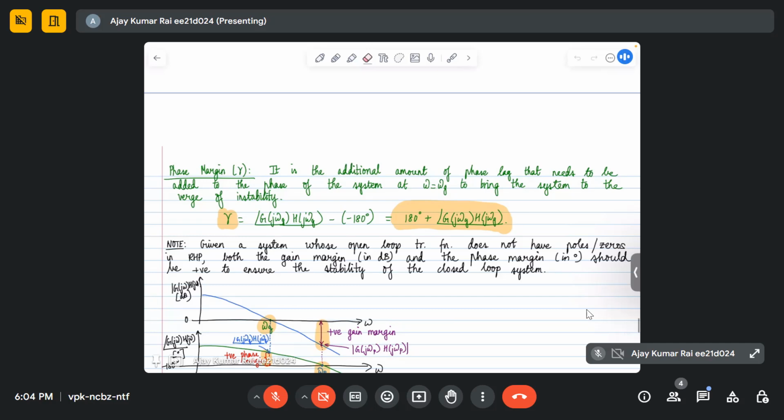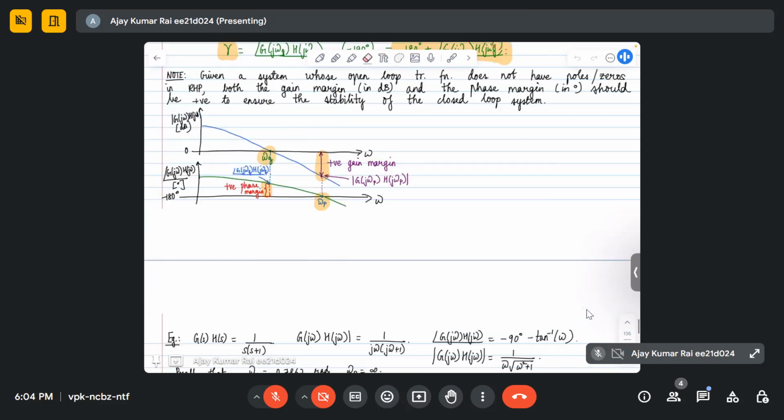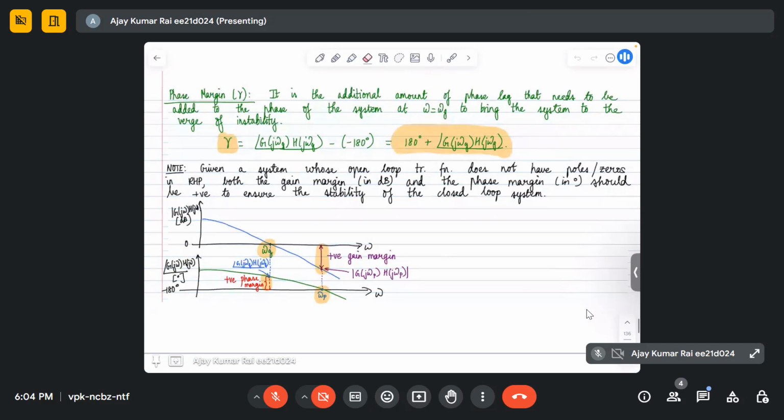And what we have seen is that for a stable system, gain margin should be positive. Given a system whose open loop transfer function does not have a pole or zero in the RHP, both the gain margin and the phase margin should be positive. So this is the point you should remember.